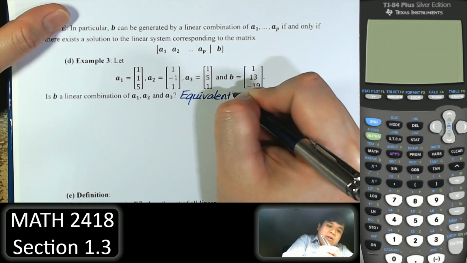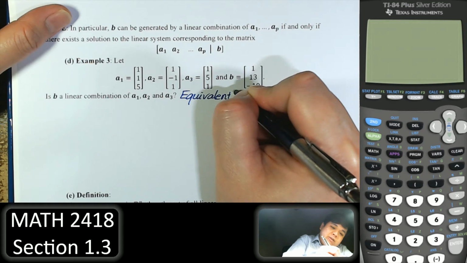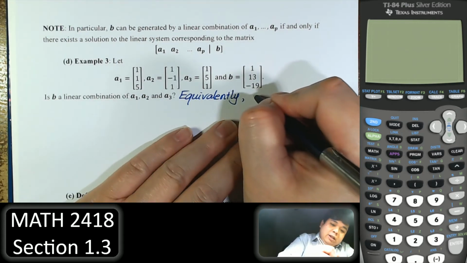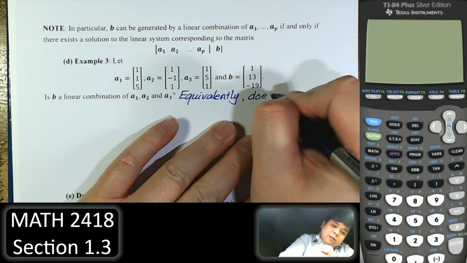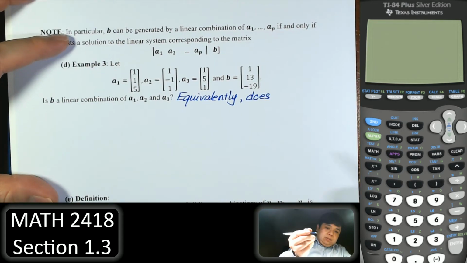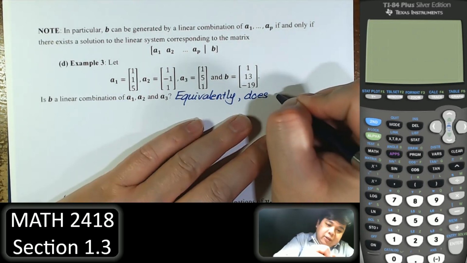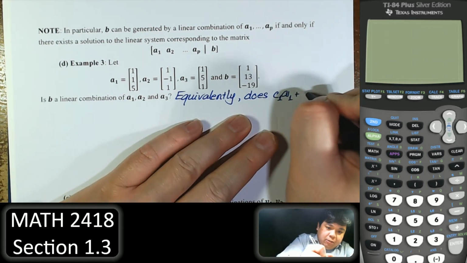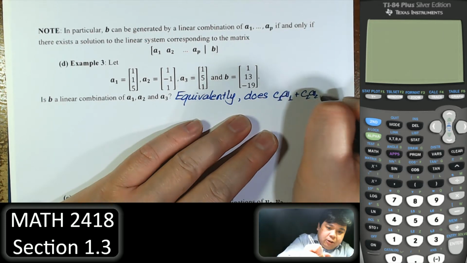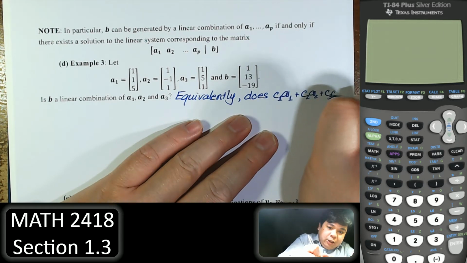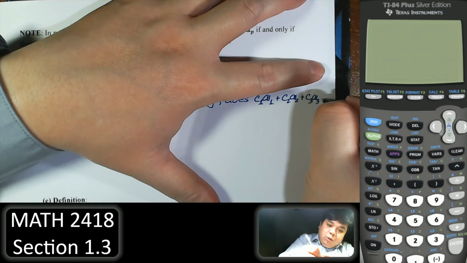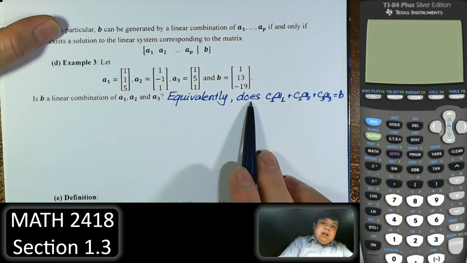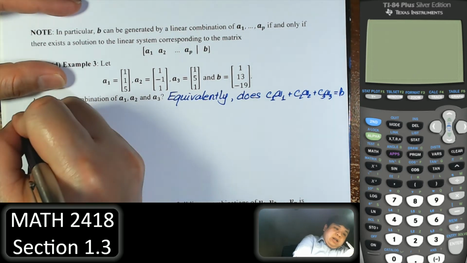equivalently, there is C1 A1 plus C2 A2 plus C3 A3 equal to vector B. Equivalently, this equation has a solution.